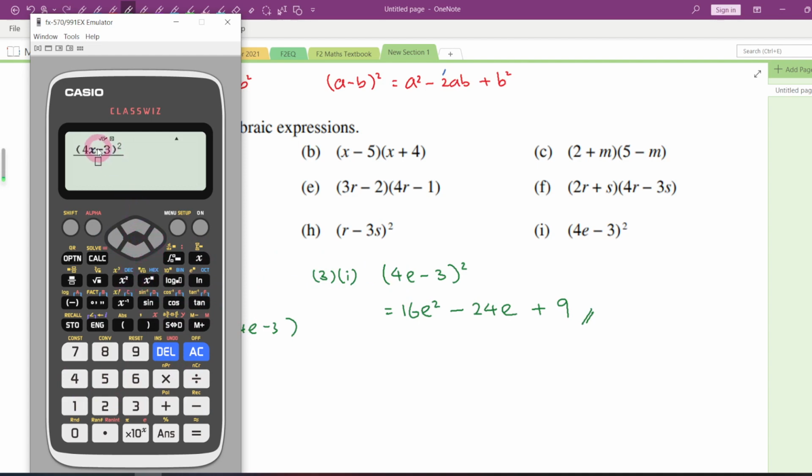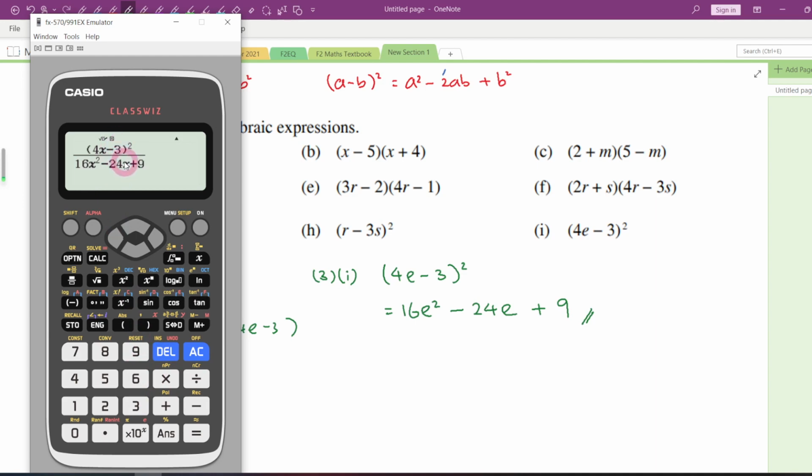Okay, so this is the expression given by the question, and this is what we got after doing the expansion. So 16x squared minus 24x plus 9. If I do it correctly, this is actually equal to this.